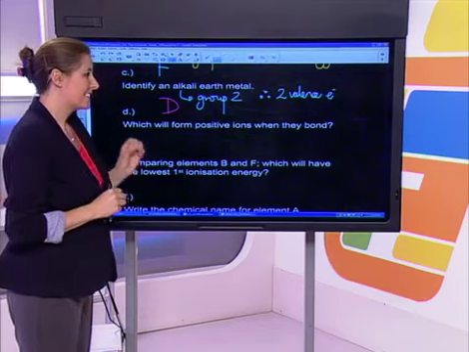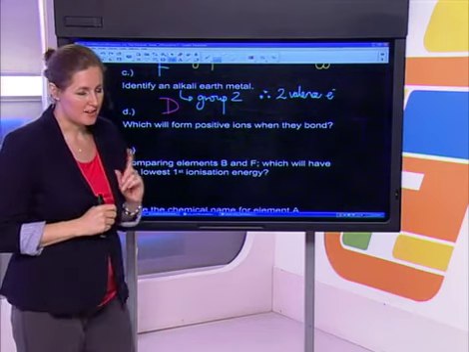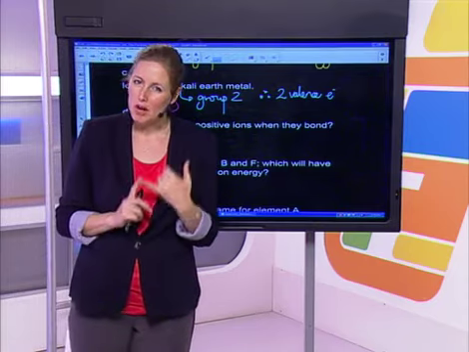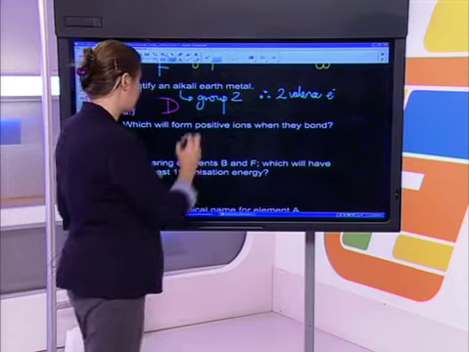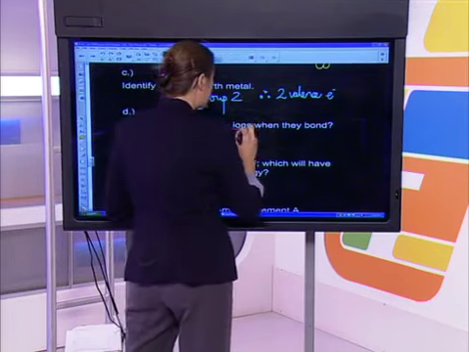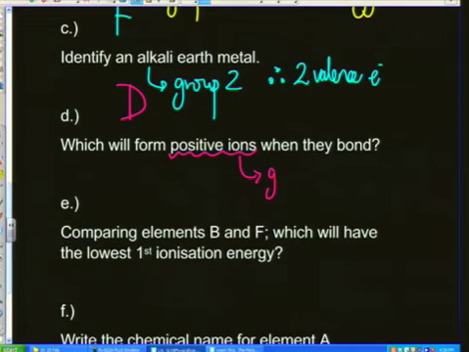Which will form positive ions when they bond? Now, in order for something to form a positive ion, what's it going to have to do? It will have to give away its valence or outermost electrons. Okay? Which ones will do that?